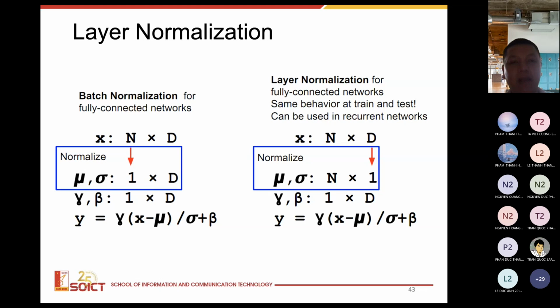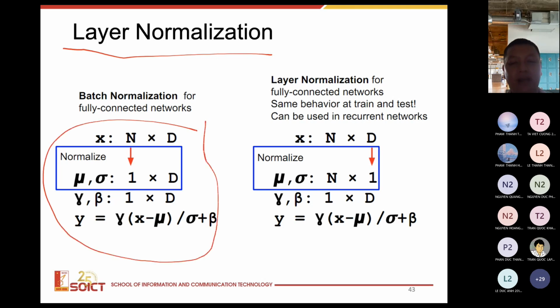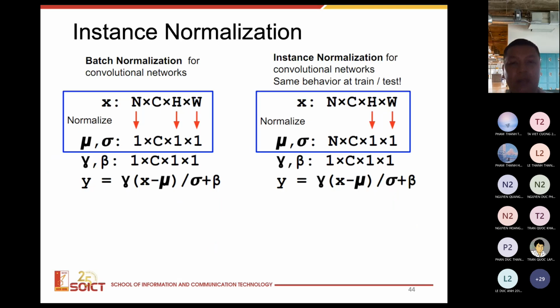We have variants of batch normalization, such as layer normalization. In batch normalization, we normalize over the batch, and for layer normalization, we normalize over the dimension, right? N is the number of samples in the batch, and D is the number of dimensions of the data.